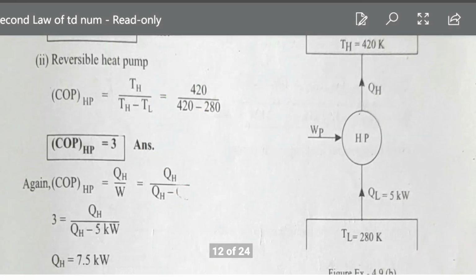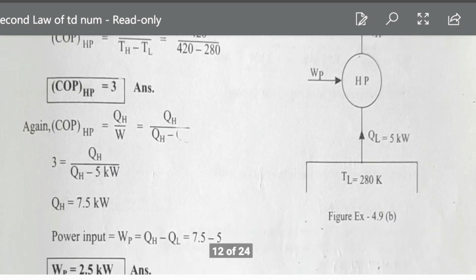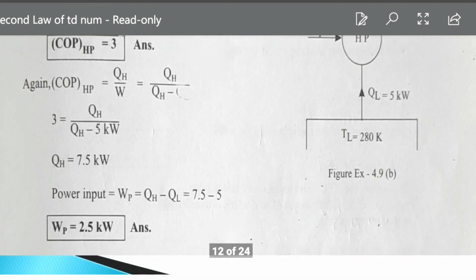Okay, now we want to determine the power input required when the heat transfer rate from the sink is 5 kilowatt. That is QL equal to 5 kilowatt. So COP of HP, the coefficient of performance of heat pump, equals QH upon W, and W is QH minus QL.